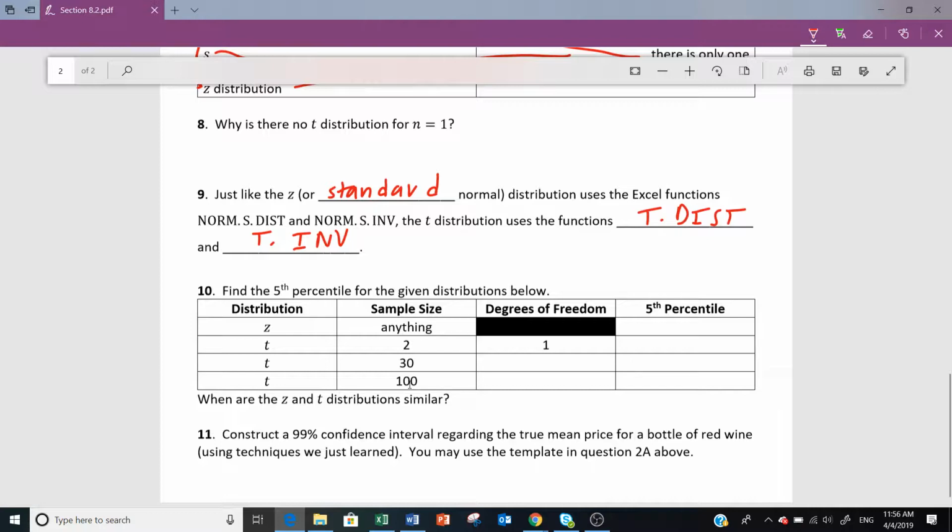So this one is the z, which is norm.s. The t goes for these 3. So this would just be 29 must be.